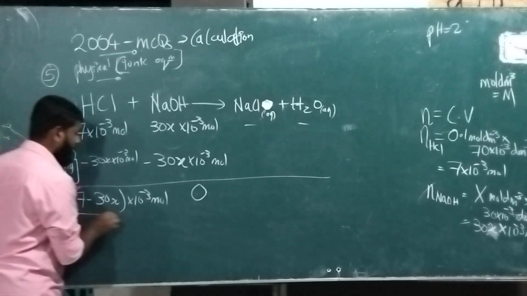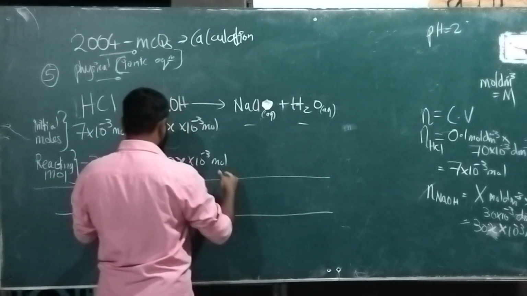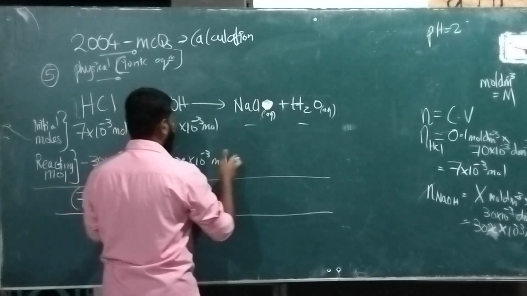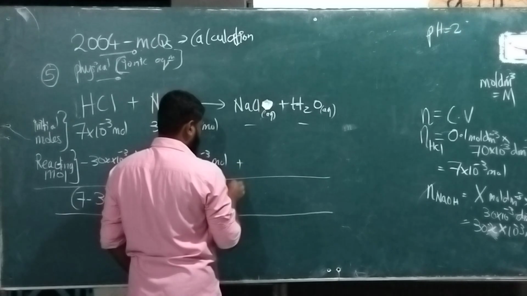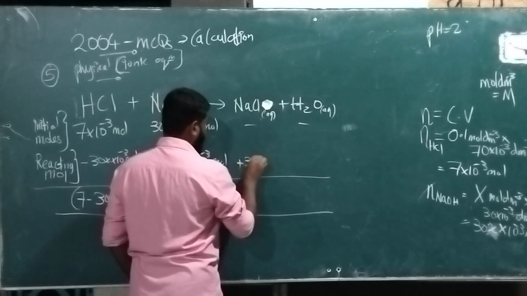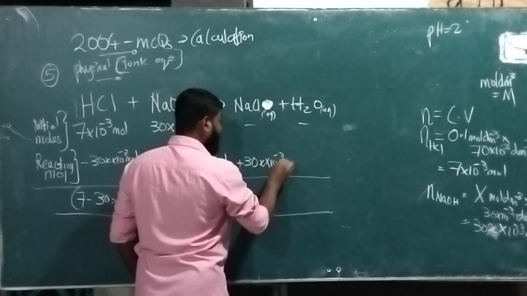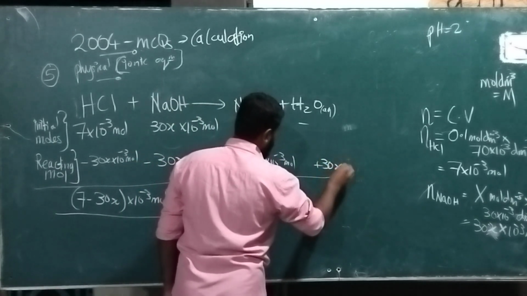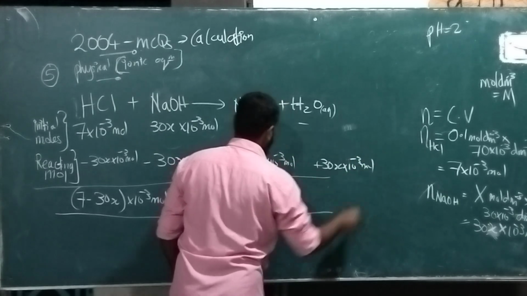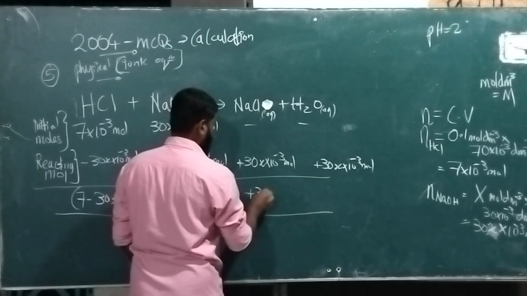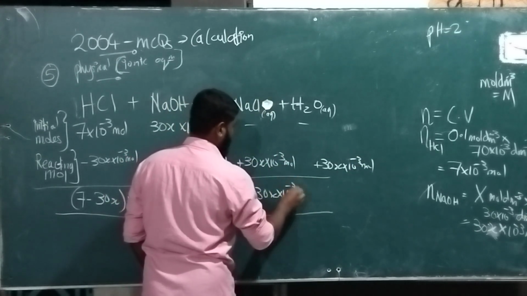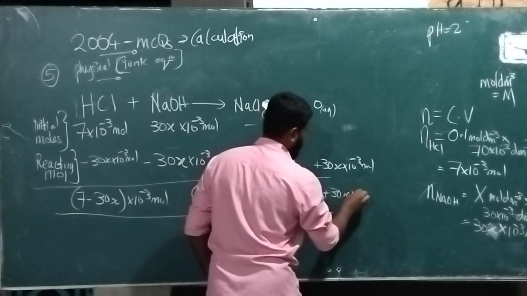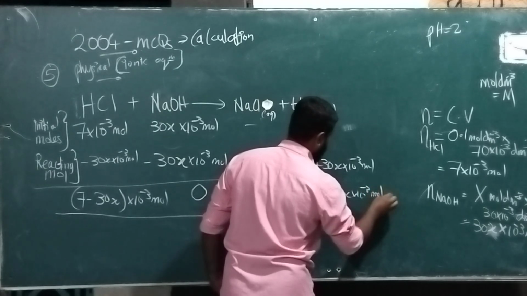This is going to be your remaining moles. As usual, I need not write this part since this is an MCQ. Maybe some of you might get confused why I'm writing it. You will get 13x into 10 to the power minus 3 moles here, and the products again come down, plus 30x into 10 to the power minus 3 moles.